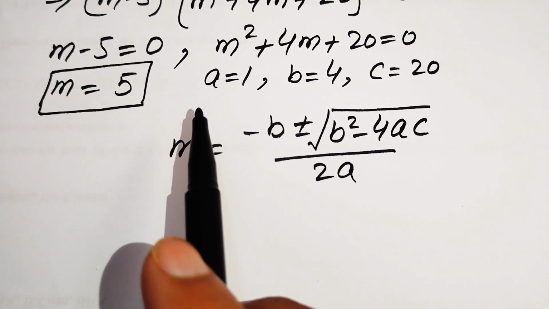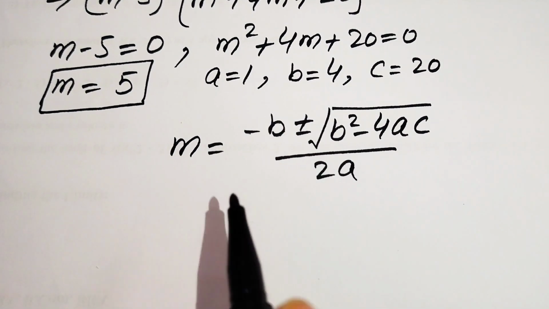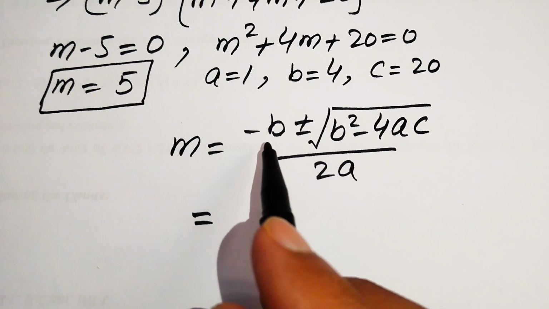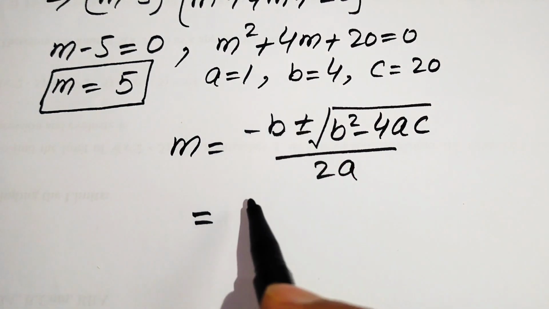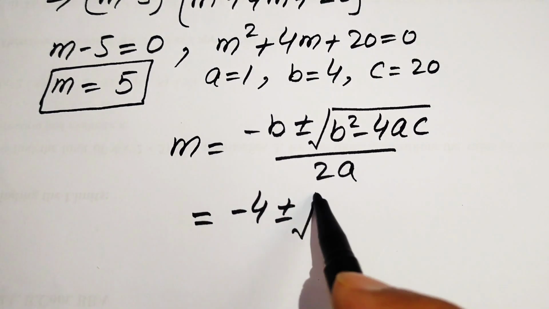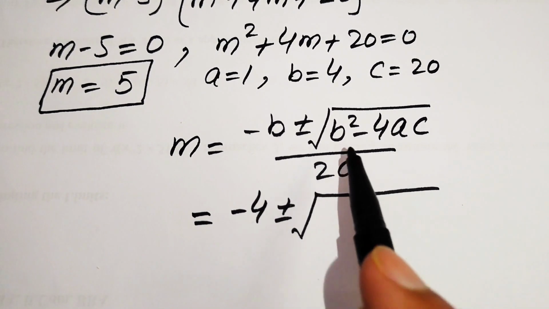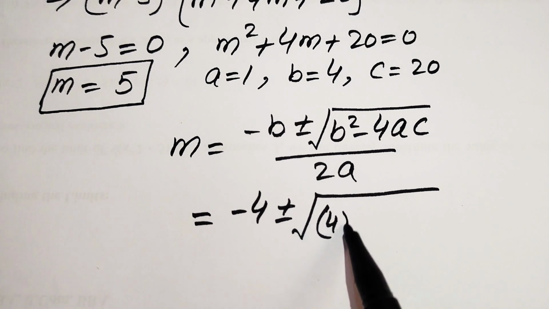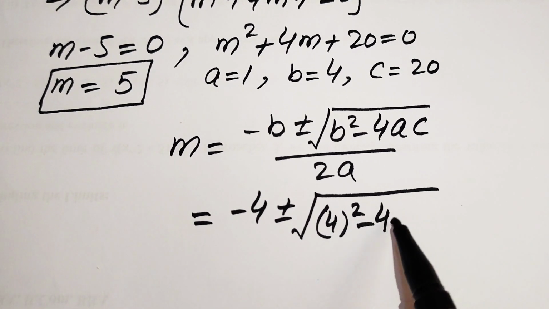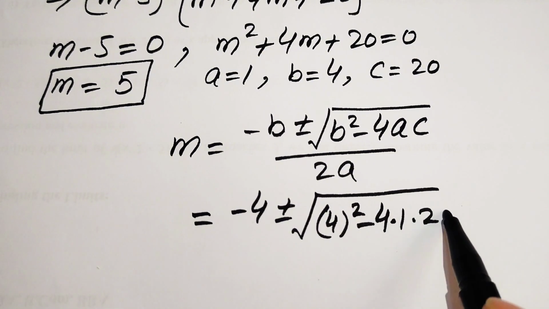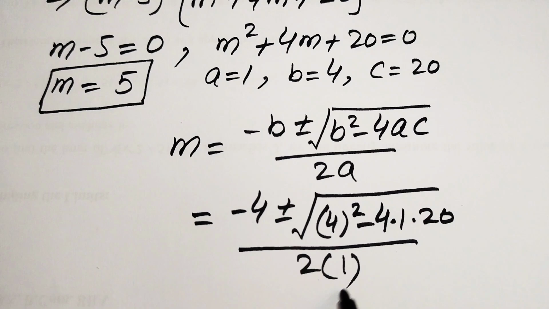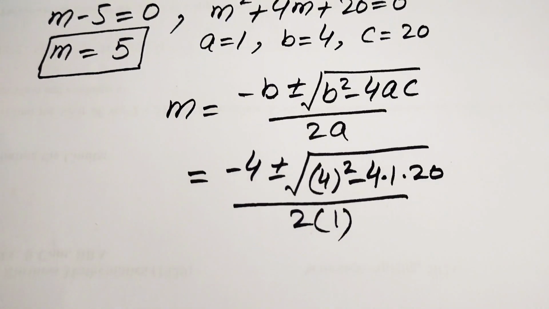Now we substitute the values of a, b and c in this formula, so it becomes minus 4 plus minus square root of 4 squared minus 4 times 1 times 20, divided by 2 times 1.